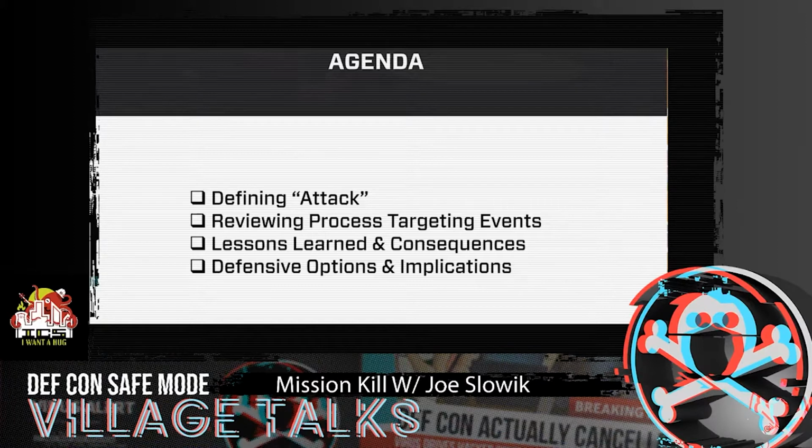There's a lot of confusion around the word, so let's get a common conception of what the term means in the context of ICS events, and then review three process targeting incidents from the past few years and what those teach us, and the consequences of seeing adversaries migrate into a more refined or more focused way of trying to impact control system environments. We'll conclude with defensive options and implications for what asset owners and operators need to do in order to meet this category of threat.